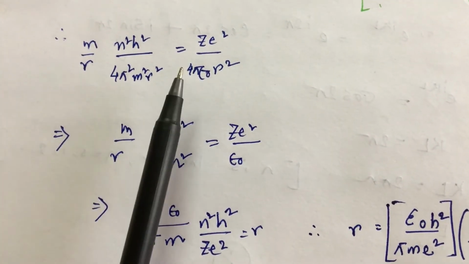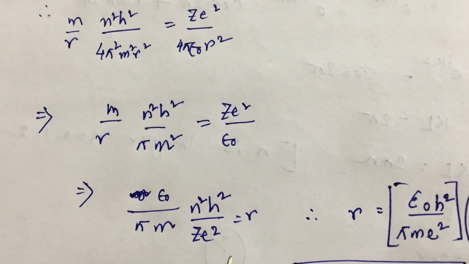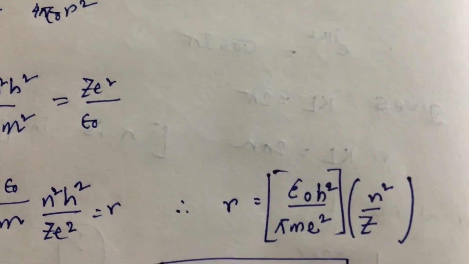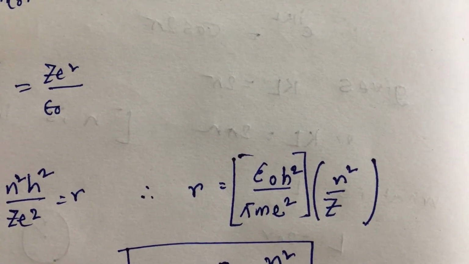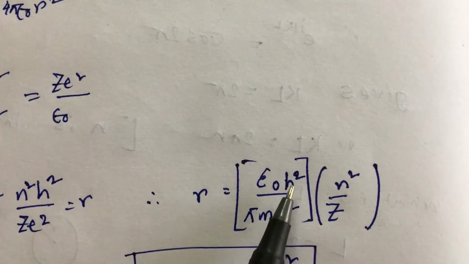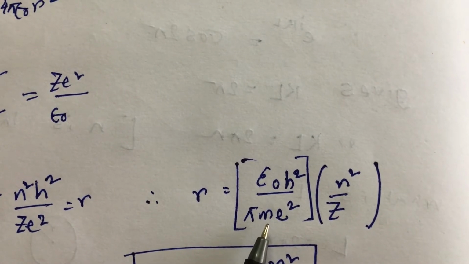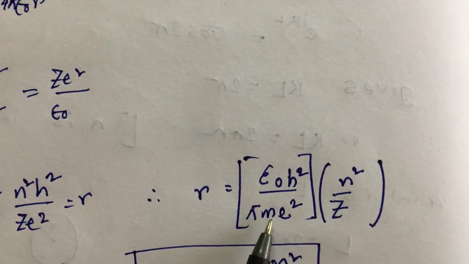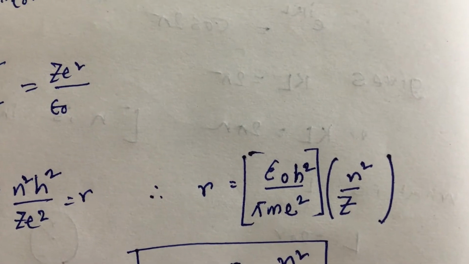I get this equation, and from some algebra, very simple process indeed, I got r equal to this much. So r equal to epsilon 0 h square by pi m e square times n square by z. This is a constant, this is Planck constant, pi and e are constants, m is the mass of the electron, so it is constant, so the whole thing is constant.